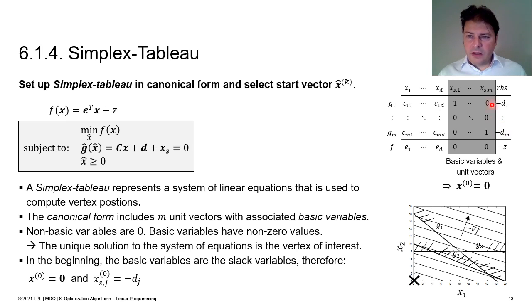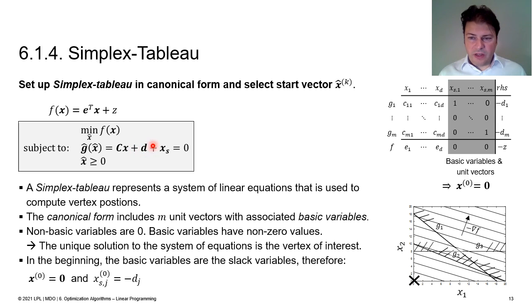So in the beginning, you make all your slack variables basic variables. You write down unit vectors here, and you write down your C matrix here underneath your design variables. And the right-hand side will assume the minus d vector values.